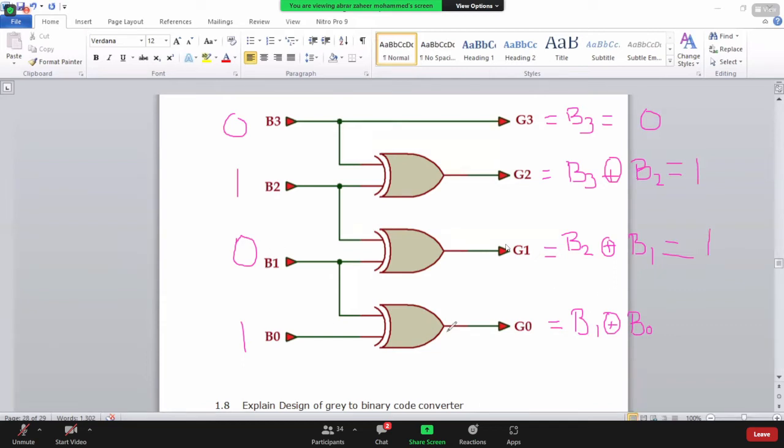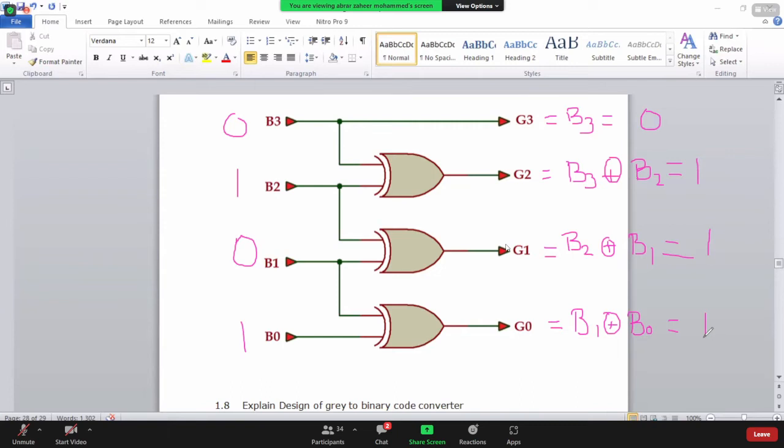Then G0 is B1 XOR B0. So 0 XOR 1, so we get here 1. So the binary is 0101 and the gray code for that is 0111.